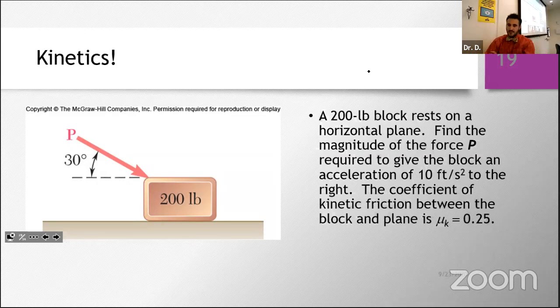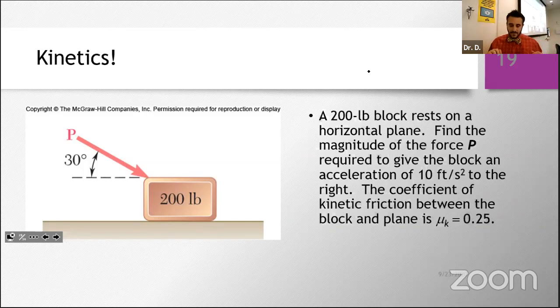The coefficient of kinetic friction between the block and the plane is mu sub k equal to 0.25. Okay, so we can't neglect friction. How do we know we can't neglect friction? Because we're told what the frictional coefficient is. Just to refresh, the coefficient of static friction defines the maximum amount of friction that you have in a system.